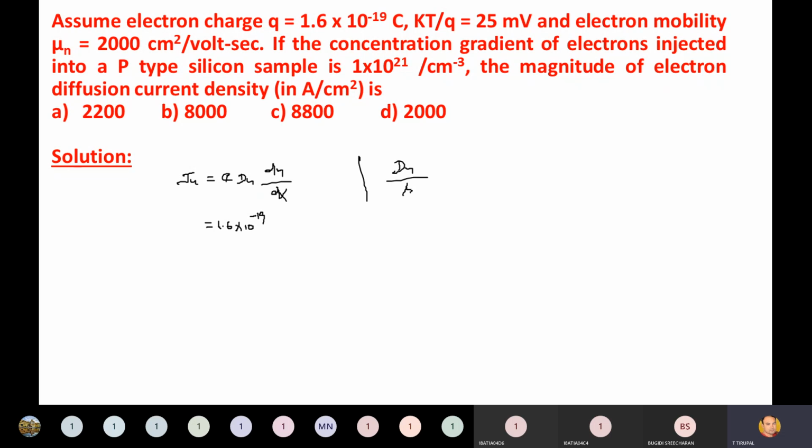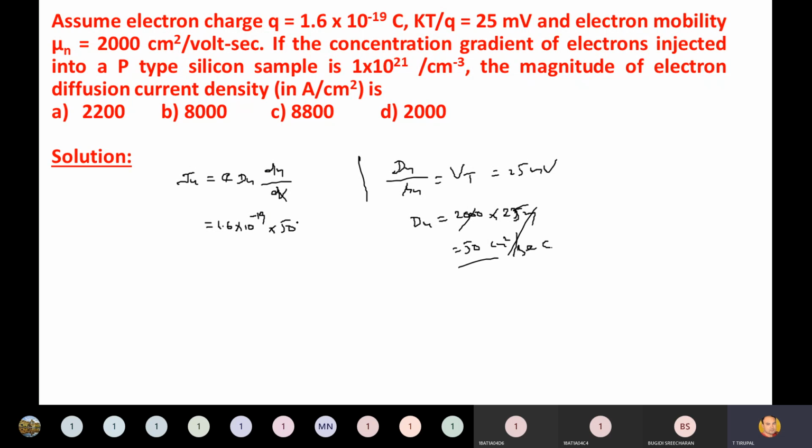Dn divided by mu n is equal to Vt, which is 25 millivolts. So Dn is equal to mu n 2000 into 25 milli. All are given in centimeters, so no problem. That gives 50 centimeters square per second.